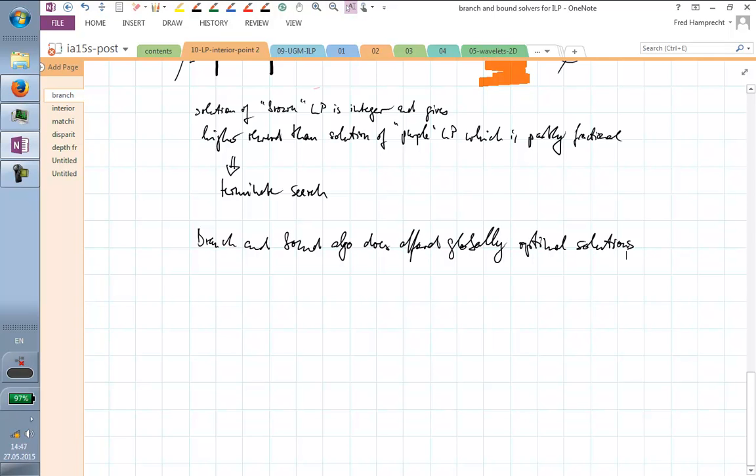So it does afford globally optimal solutions, but the worst case is still a complete enumeration.